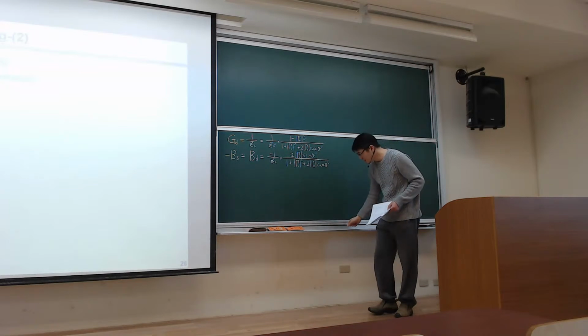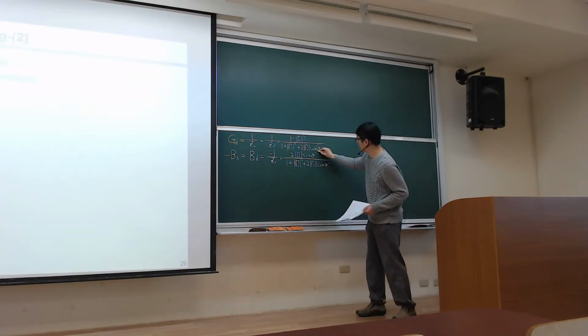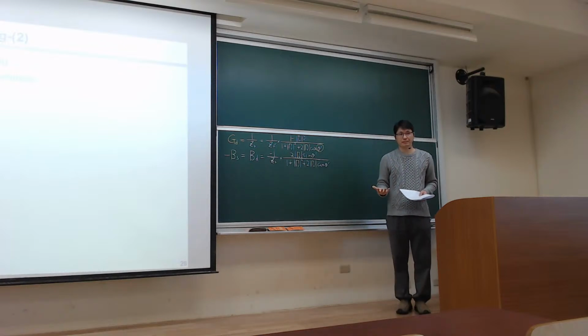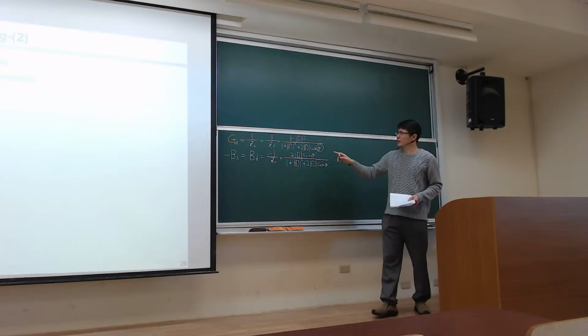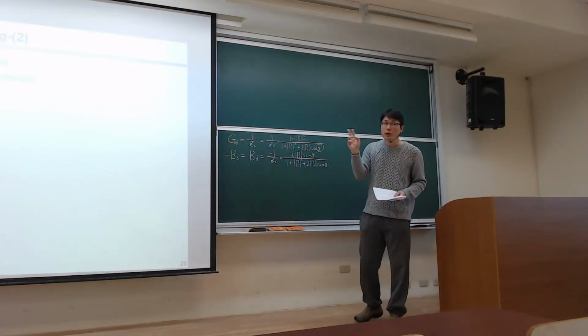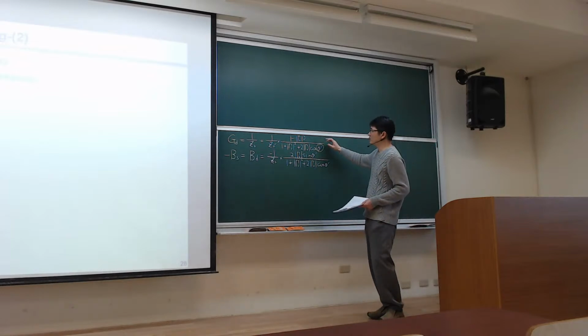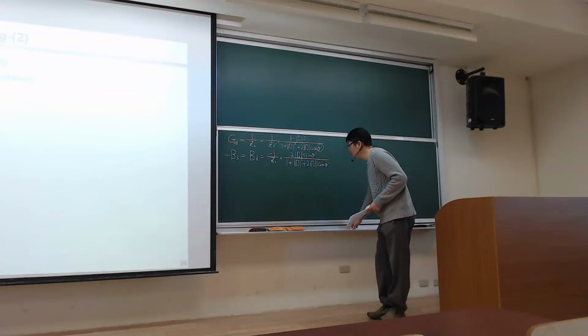The only thing unknown is theta prime. So with only one unknown, there's no need for two equations, right? We can know theta prime just from this single equation.